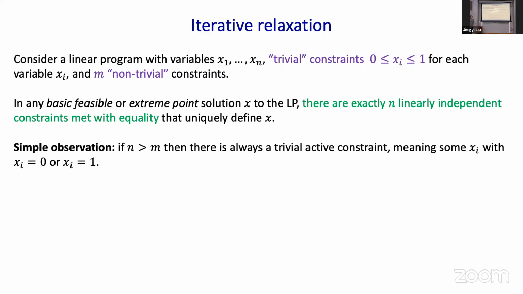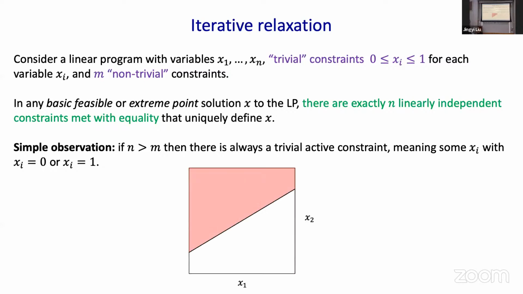And here's a simple observation. If n is larger than m, then at any vertex, there's always going to be some trivial active constraint. So you're going to have to use one of the sides of this box to get a vertex. In this case, we're in 2 dimensions, so if n is greater than m, it means that there's only 1 constraint.